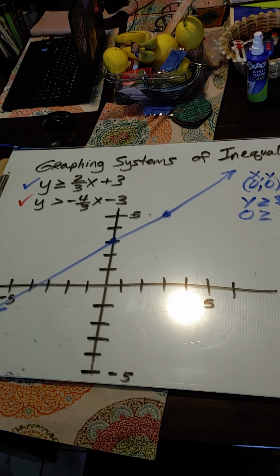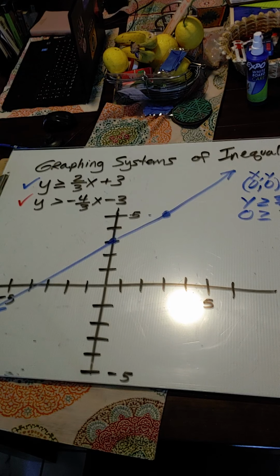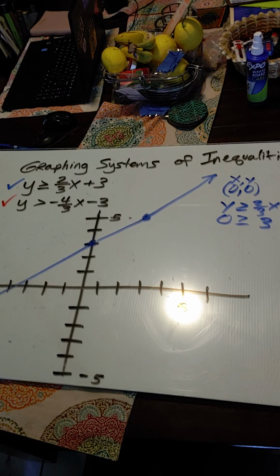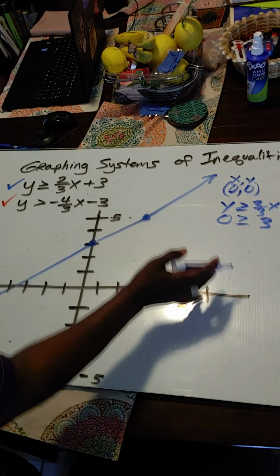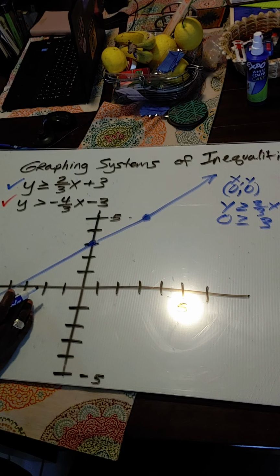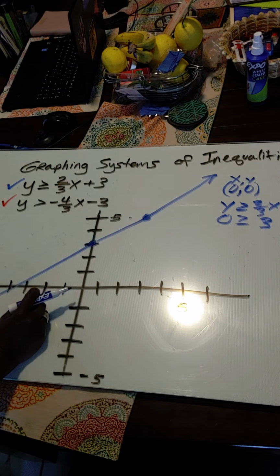That is not true. And so because this statement is a false statement, I want to shade everything that's on the opposite side of where my test point was. My test point was located here.